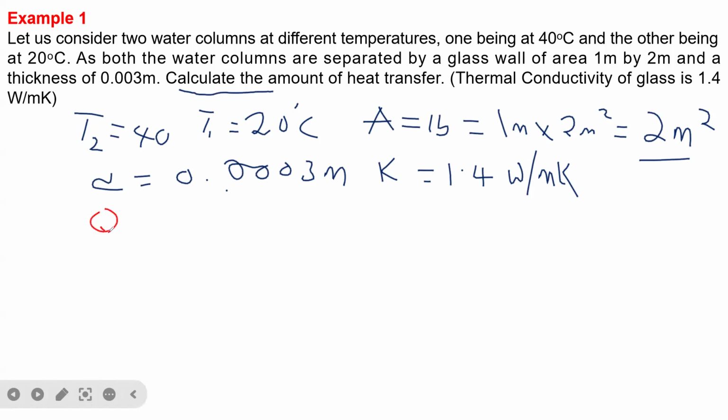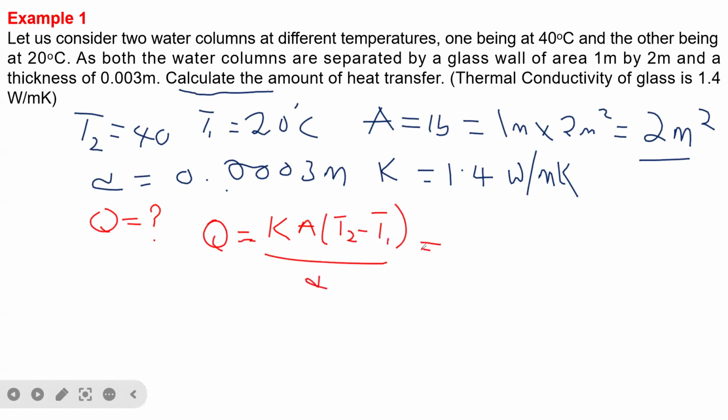So Q is now going to be unknown. Then we are now going to take our formula, which says Q is equal to K times area, in open brackets T2 minus T1, then we close the bracket, then divided by the distance.